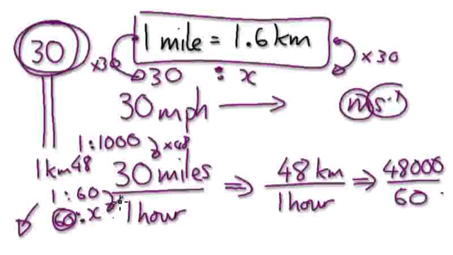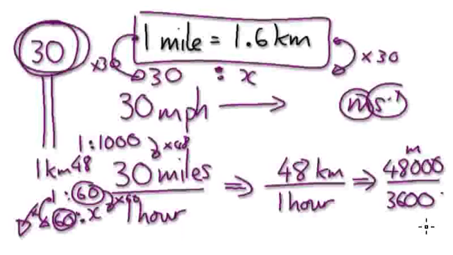You've got to times this by 60, so 60 times 60. That's like 6 times 6, so that's 36 with 2 zeros. So this here is meters, and this here is in seconds.